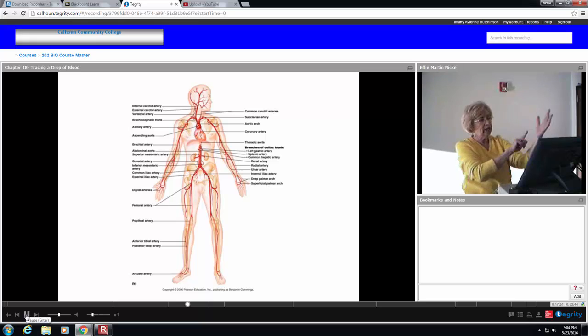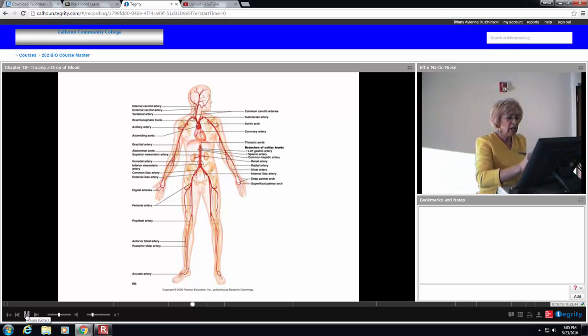So if you're heading down the thumb, which exit are you going to take? Remember the bone name? That's what? Radius, right? So the artery is called the radial artery. If you want to go down toward the little finger, you're going to take the other exit, and up here after brachial, you're going to take the exit that goes down the ulnar artery, which is by the ulna, the bone.